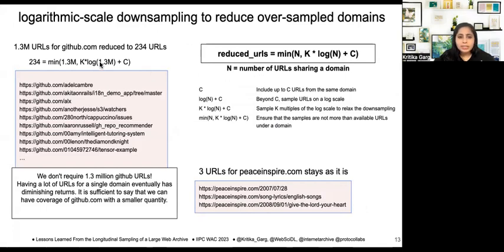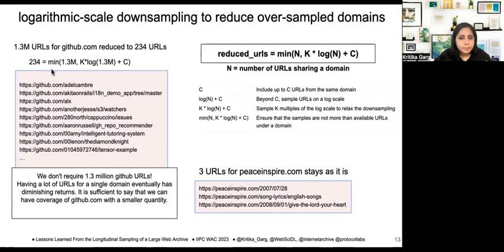So for example, we had 1.3 million URLs for github.com, but we don't need 1.3 million URLs for just one domain. Having a lot of URLs for a single domain eventually has diminishing results. It is sufficient to say that we can have a coverage of github.com with a smaller quantity. So 1.3 million URLs for github.com was reduced to 234 URLs.